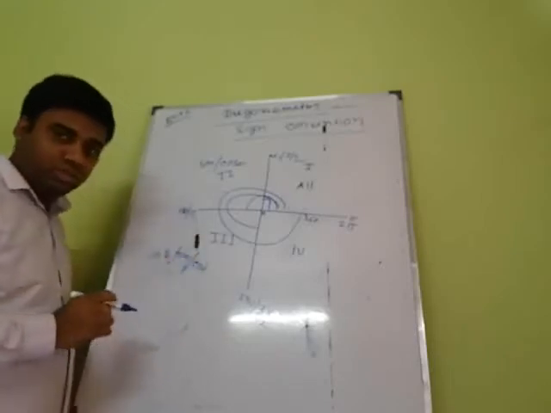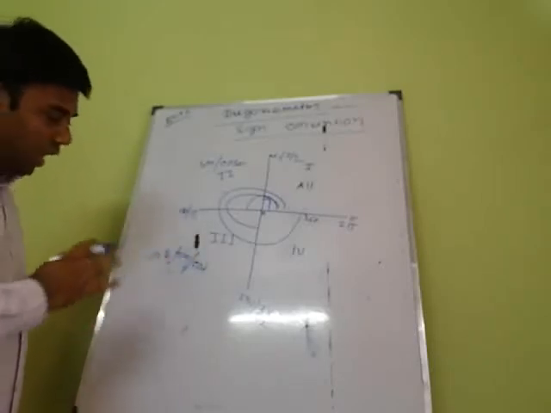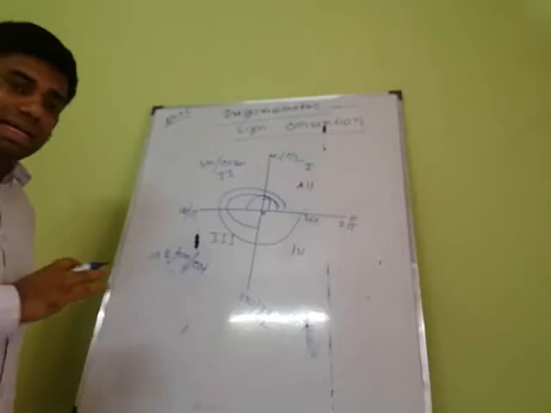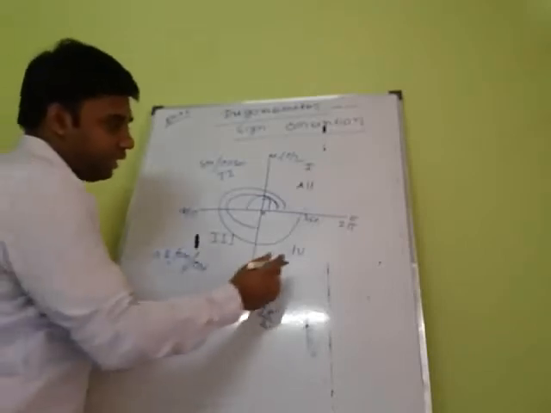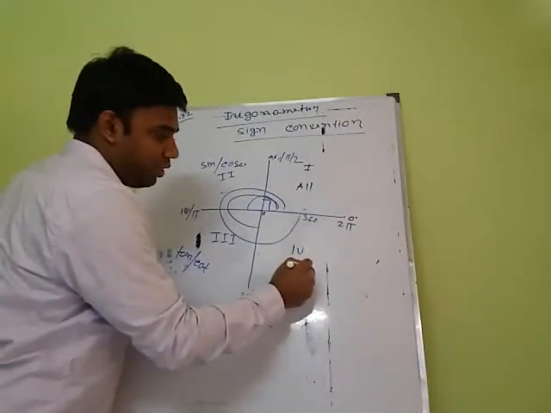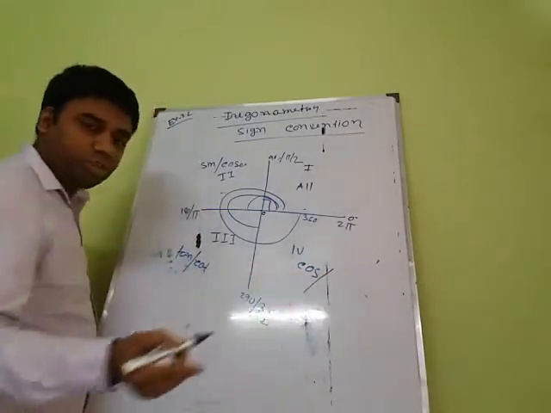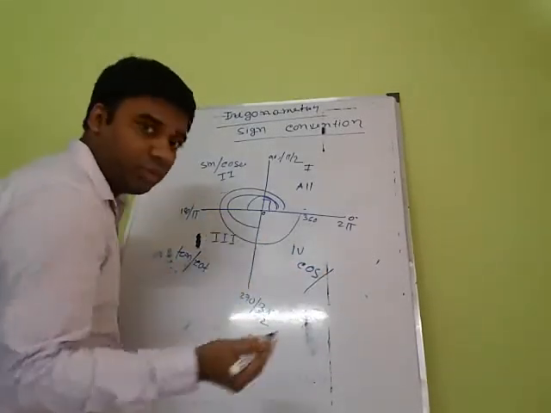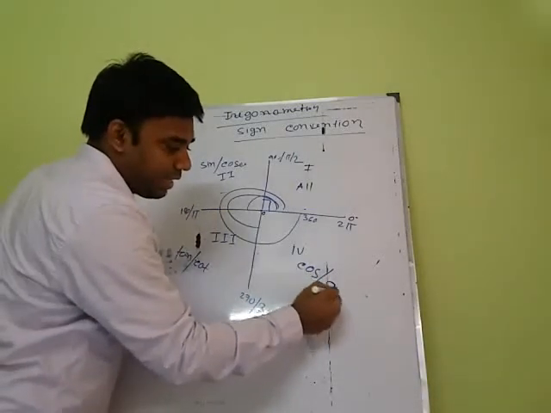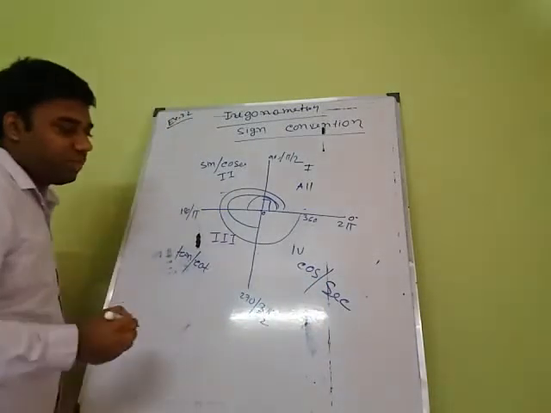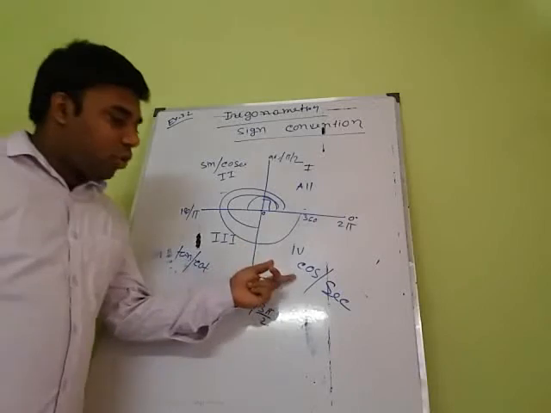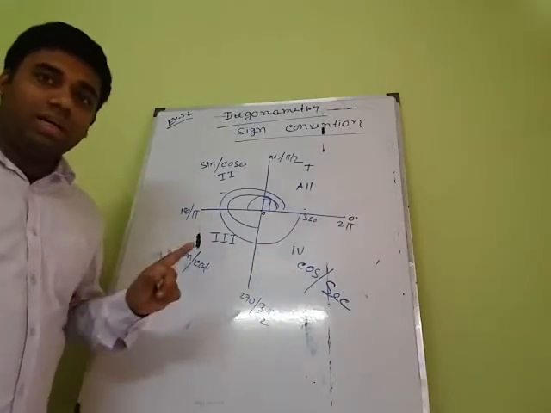Except these two functions, all other ratios are negative. And the fourth quadrant: cos and the opposite of cos, the reciprocal of cos, that is sec. Except cos and sec, all are negative.